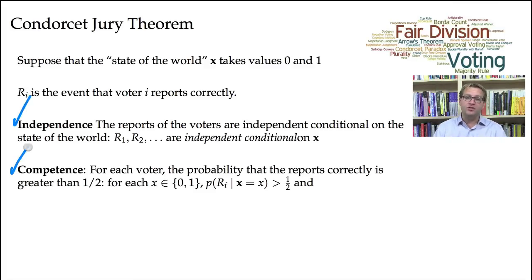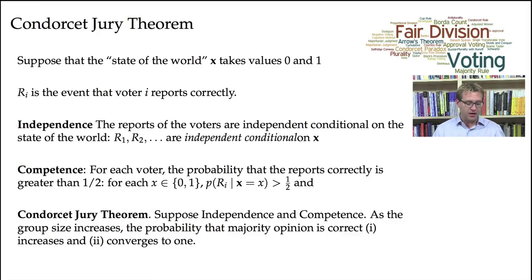Independence says the reports of the voters are independent, conditional on the state of the world. So the events R1, R2, and so on are all independent given the proposition is either true or false, however it may be. Competence says for each voter, the probability that you report correctly has to be greater than 1/2.